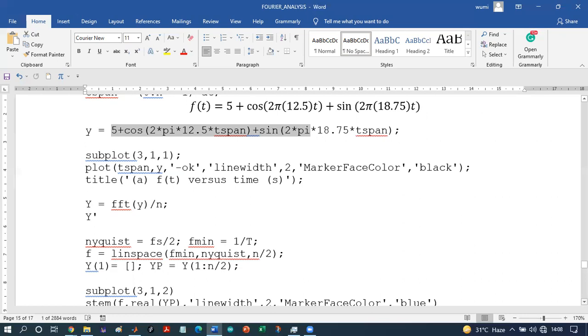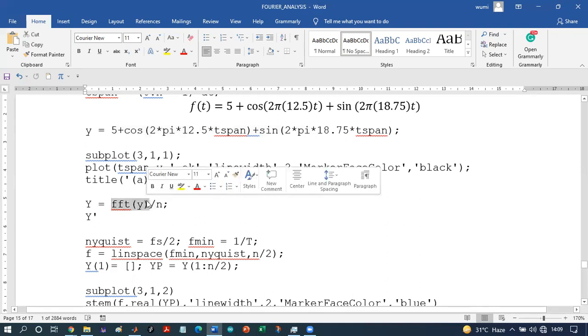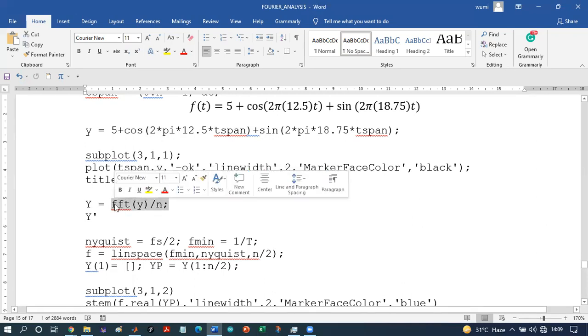So I want to see how to plot it in Matlab. To plot it in Matlab, you first of all have to get the FFT. So this is the equation. This is the Matlab code to get the FFT. So all of these 3 pages we did, this is just the line of code that does it in Matlab.